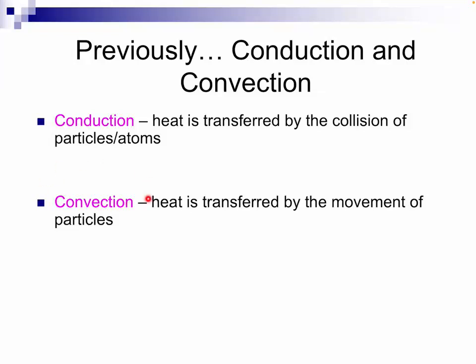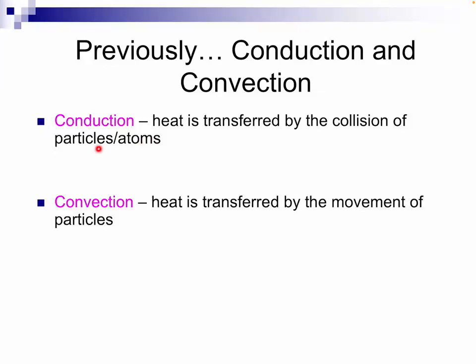For convection, heat is transferred by the movement of particles. So this is more common in fluids like liquids or gases rather than inside a solid. So in both the conduction and convection heat transfer mechanisms, a medium is required.